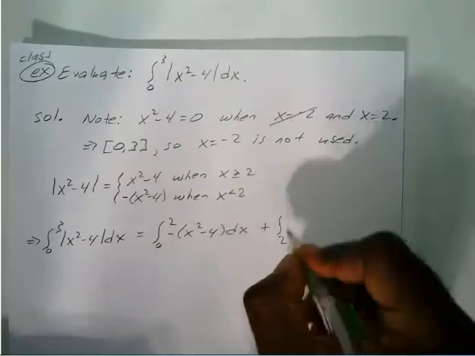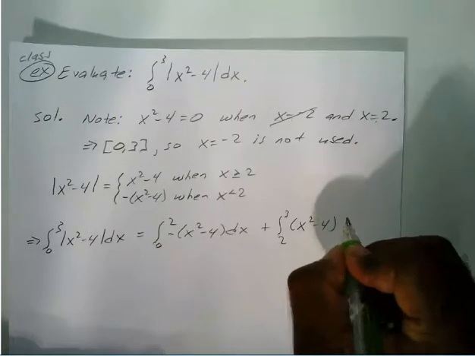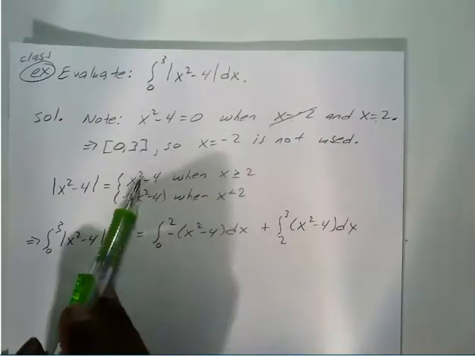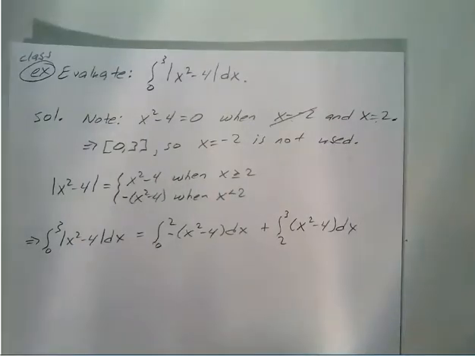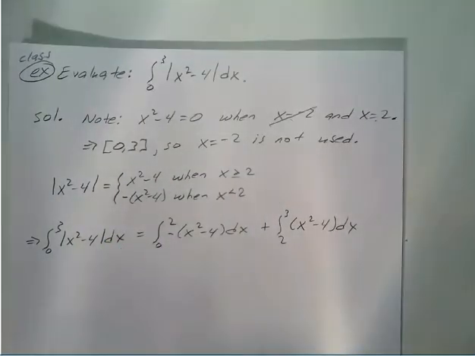So the integral from 2 to 3 of x squared minus 4 with respect to x, because when it's larger than 2, we just use the x squared minus 4.